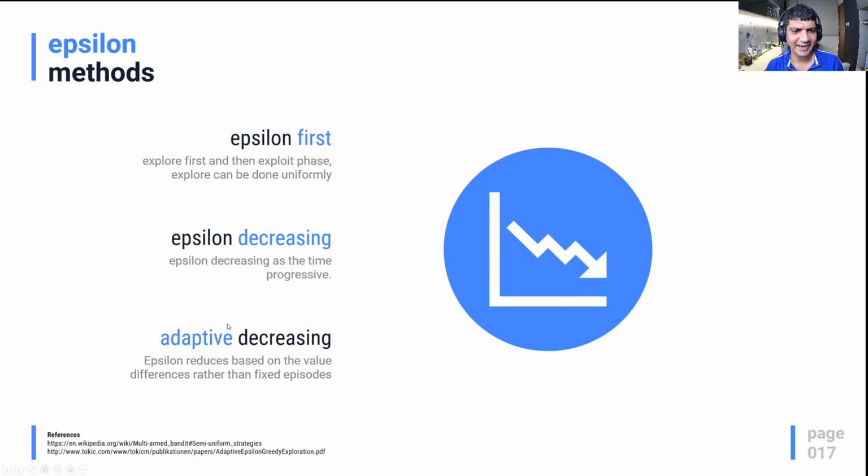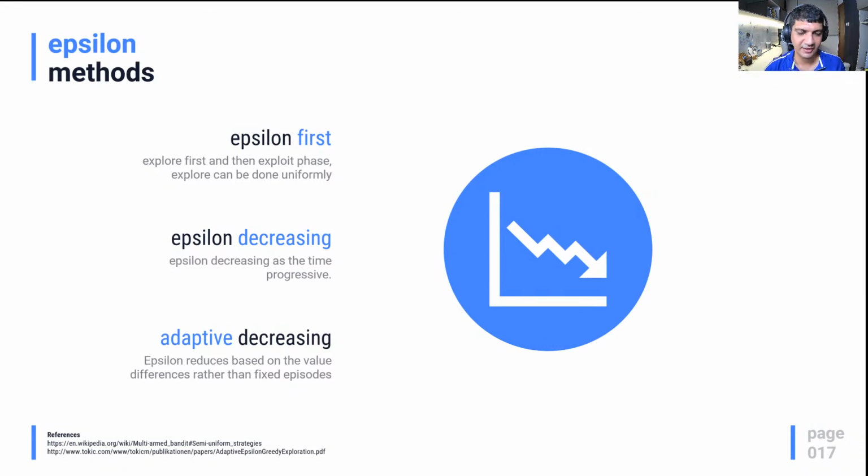The other two ideas, if you have done any sort of machine learning, would be super familiar to you, where you look at it in a decreasing fashion. Instead of starting with a very low epsilon value, you start off with a very high epsilon value, and you keep decreasing it as time goes by, right?